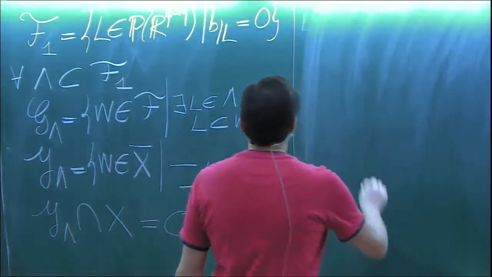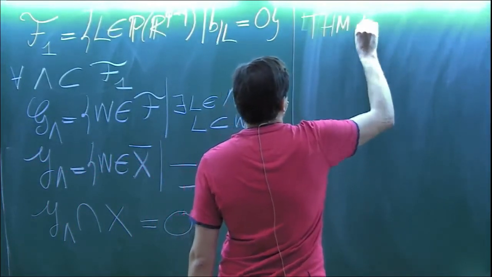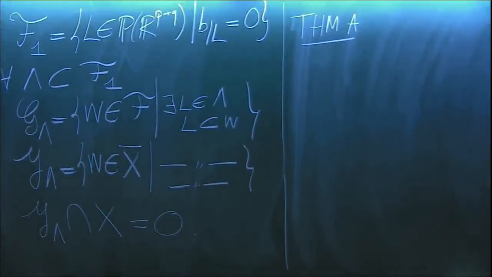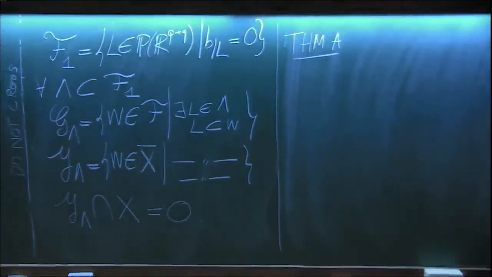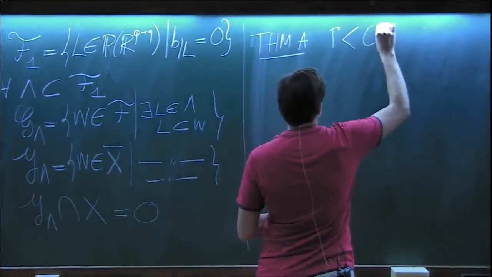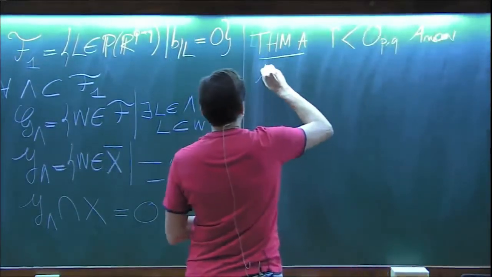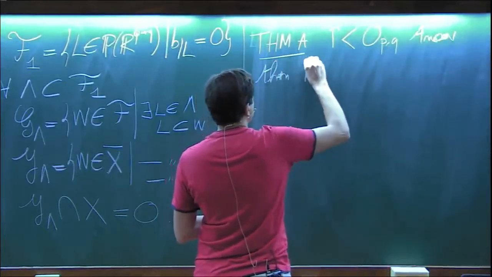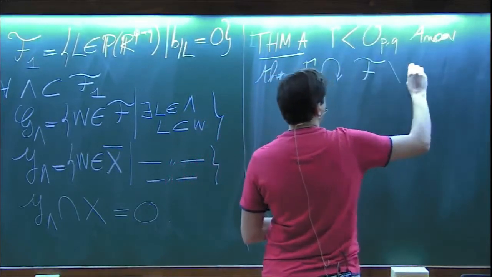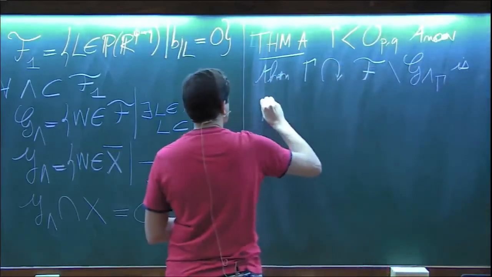Okay. So in this setting, I want to prove these two theorems. Theorem A will concern the action of Anosov group in F, and Theorem B in X. So if gamma in O(P,Q) is Anosov, then the action of gamma on the complement of G of lambda_gamma in F is properly discontinuous and co-compact.